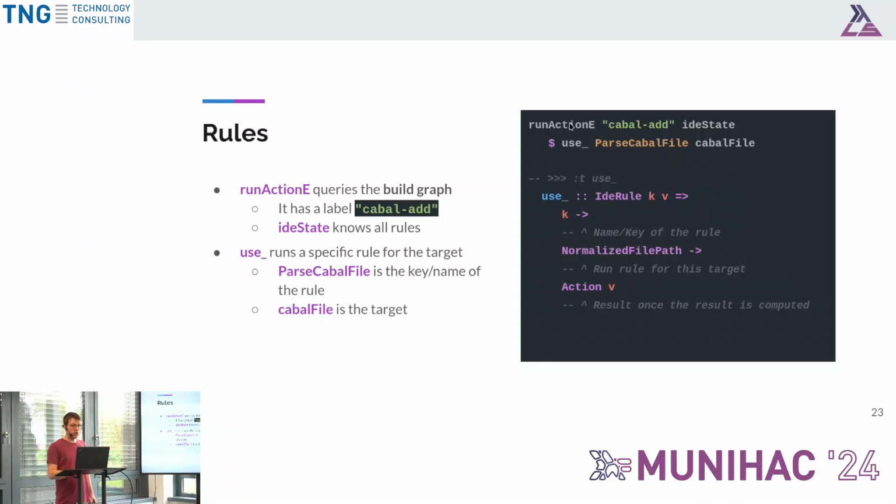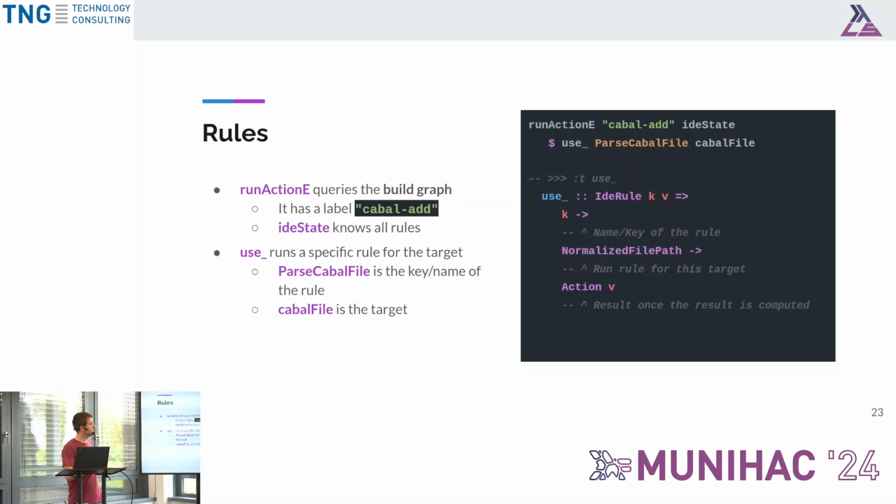So when we call run action E, this allows us to run a query against the build graph that is currently stored in the IDE state. We have a label here again, which is, as so often, mainly used for logging and for error messages. Always the two important bits: we need to tell people what's going wrong occasionally. And we run a specific query using this use function, where we say we want to use the result of the rule of parse cabal file.